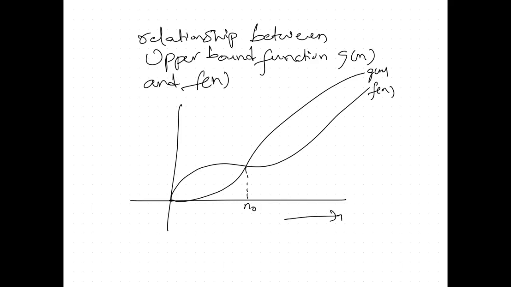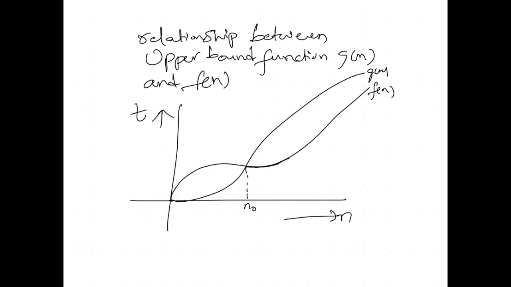Here, this is n0, this is n, this is time t. After n0 operations, what is happening? The f of n value is lower when compared to g of n. So after n0 operations, g of n has higher time values.